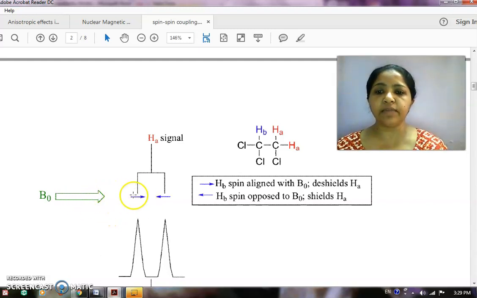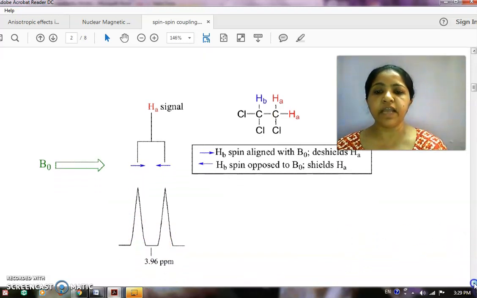So it is in alignment with the external magnetic field, and therefore HA is getting de-shielded. De-shielded means it will require a lesser external magnetic field, and it will have a larger delta value. And when it opposes, HA will be shielded and it will require more magnetic field, and the delta value will be less. Okay, that is the revision part.